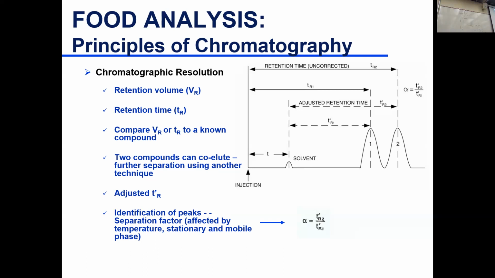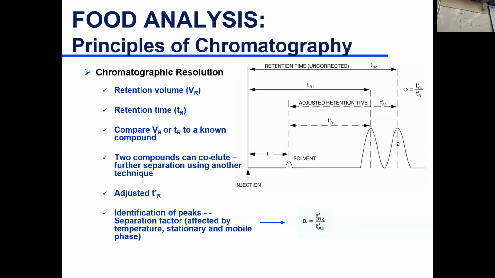Adjusted retention time. Some of you in lab today saw the solvent front, which is a peak that detects something from the time of injection till the time of the solvent reaching the detector. This is your solvent front, or the void. This is different between different systems.